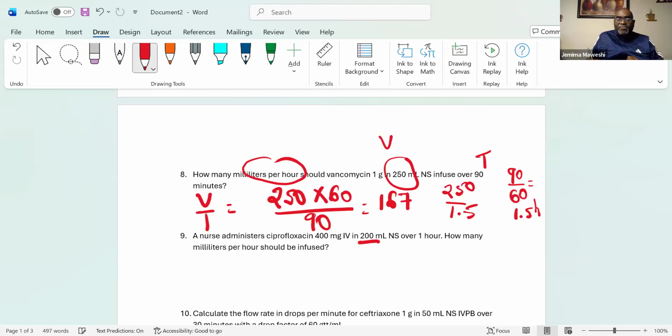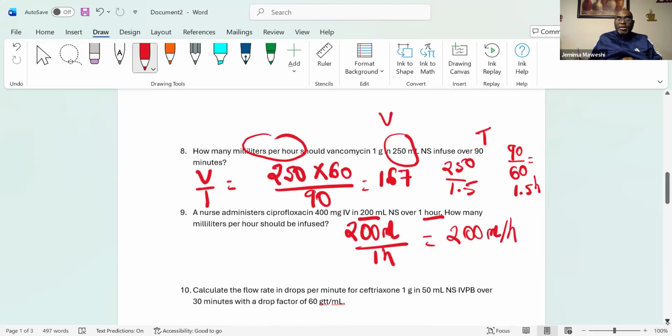You see, we have a Cipro that we are infusing, 200 milliliter over 1 hour. Because my time is in hours, here I'm just going to do 200 milliliter, and I'm going to do that over 1 hour. See, that's it. So now I have 200 milliliter per hour.